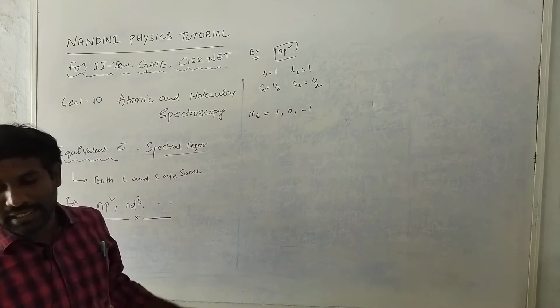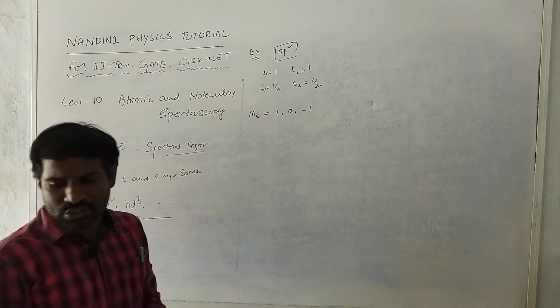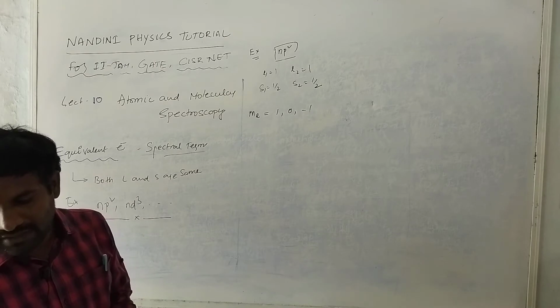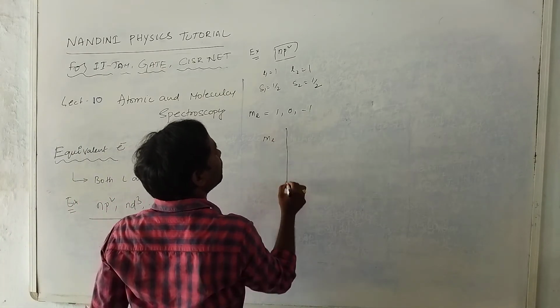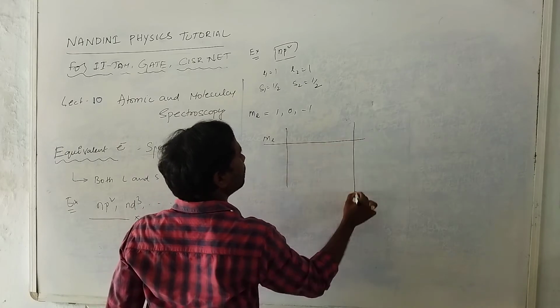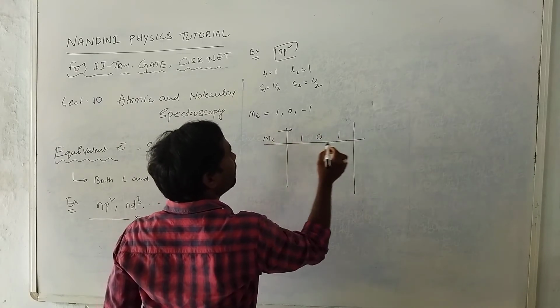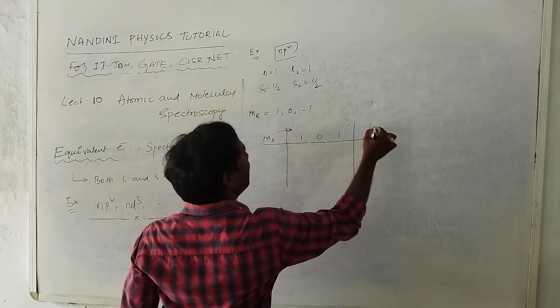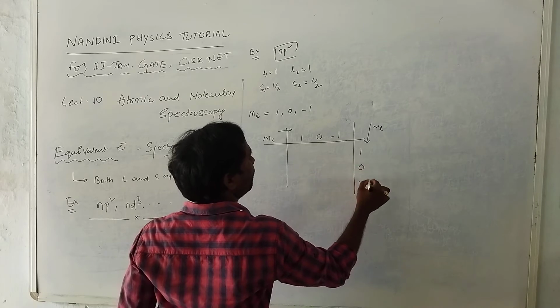Now the MS values; this configuration is totally different. We can use the ML value and ML value. Write first ML in a box: 1, 0, minus 1 here, and similarly ML here 1, 0, minus 1.